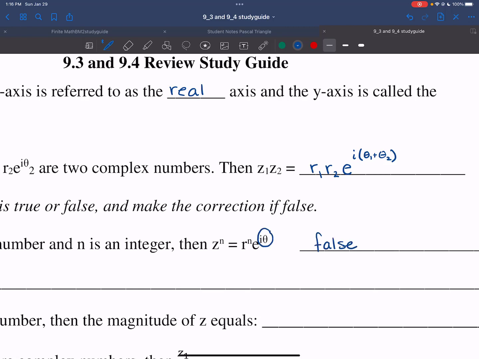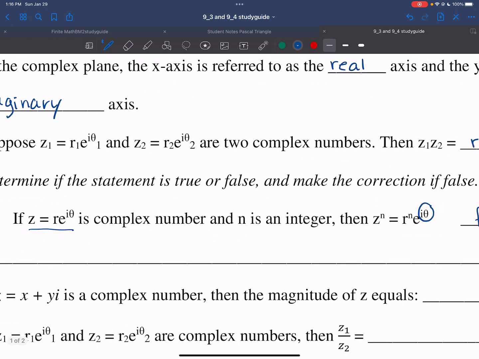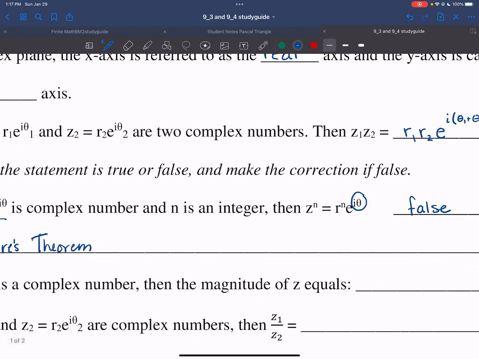And actually, this is based on de Moivre's theorem, where if we raise something to a power, z to the n is going to equal r to the n e^(i n θ), right? So it was this little n here that was missing in this one.